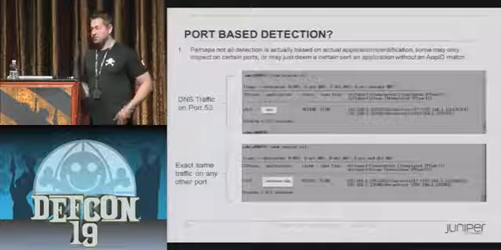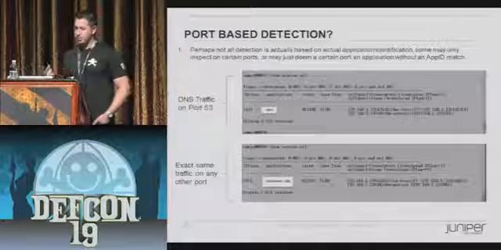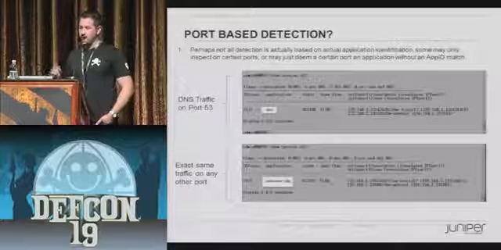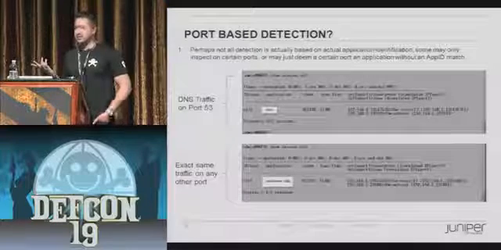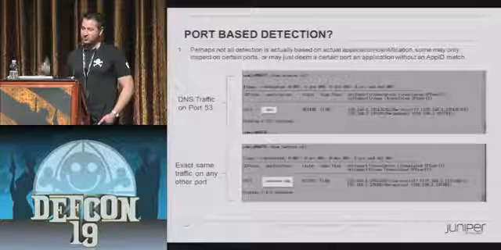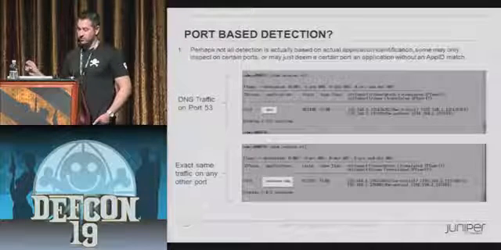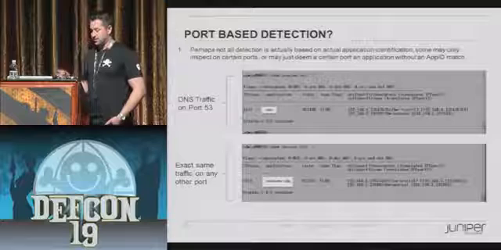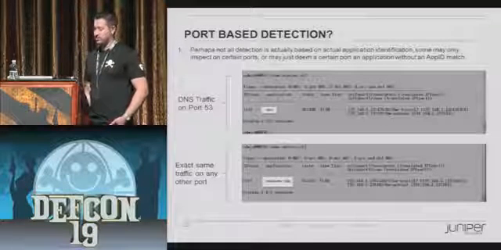Now, this isn't necessarily a vulnerability, because in some cases, as I mentioned, this is done for accuracy. DNS is probably an extreme example, because you really ought never to see it on any port besides 53.